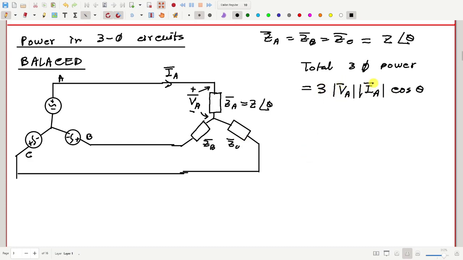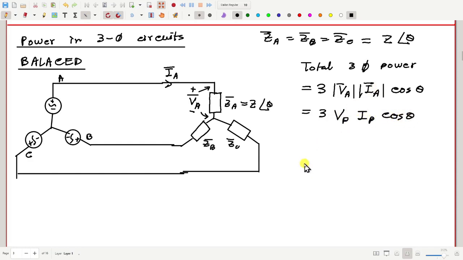So essentially what do I get? I get 3 times this: magnitude of VA is nothing but the phase voltage. Call it VP. VP is the phase voltage. Magnitude of IA is IP, multiplied by cos theta.